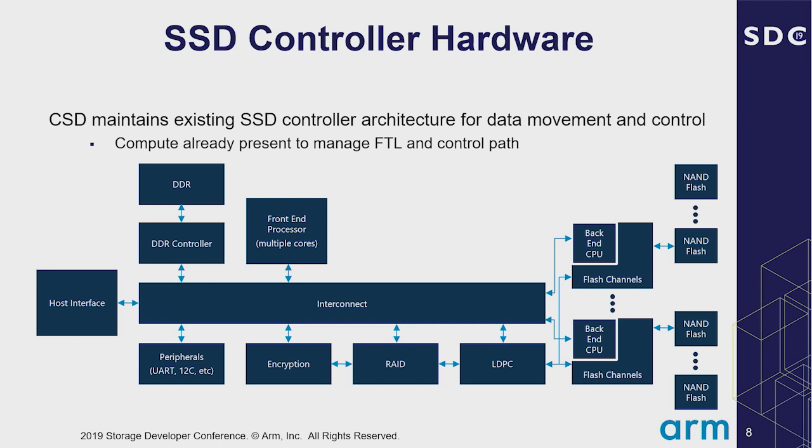And it is an embedded device, so you've got to have some peripherals, of course, so that you can debug it and figure out what's going on. And then, of course, you've got your data path that includes encryption, RAID, LDPC, that kind of thing, leading out to a multitude of flash channels. And each of those flash channels is connected to some multitude of NAND devices.